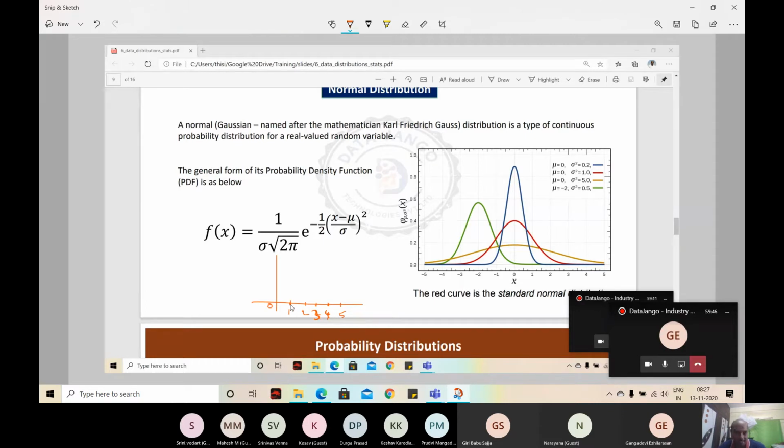If you collect data over maybe 10 years, how many days did 1 centimeter rain fall? Maybe a small bar. How many times did 2 centimeters rainfall fall? A little bigger bar. How many times 4 centimeters, how many times 5 centimeters?